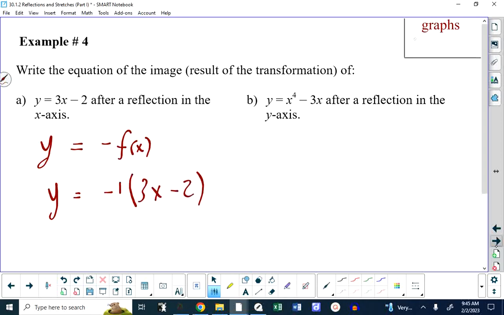I want to make sure you understand something here. Negative f of x means -1 multiplied by f of x, right? We don't leave it like that. What we're going to do is distribute this and get y equals -3x plus 2. And that's it.